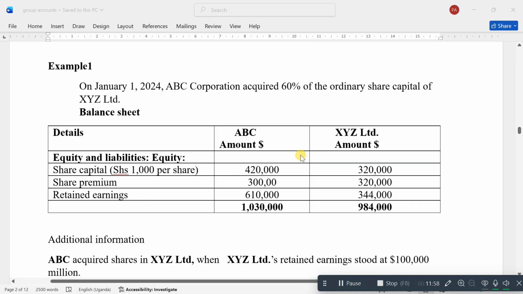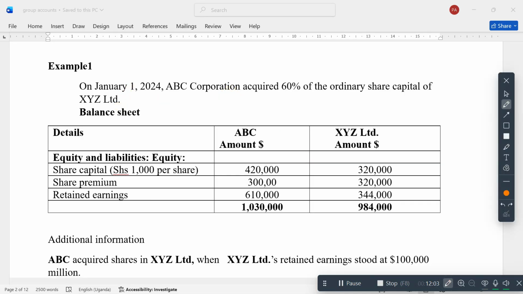When you look at this example, this example says, on January 1st, 2024, ABC Corporation acquired 60% of ordinary share capital of X, Y, and Z. Already at this step, you can tell that ABC is a parent and XYZ is a subsidiary. Why? Because ABC is acquiring more than 50%. When you look at this, it is acquiring 60%.